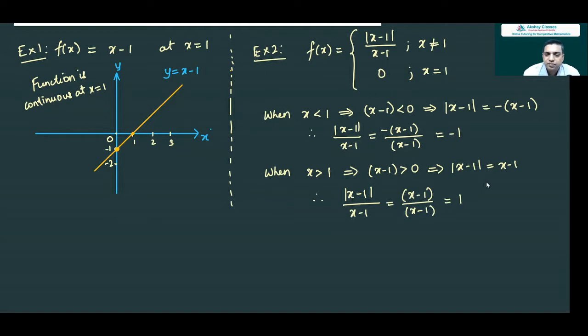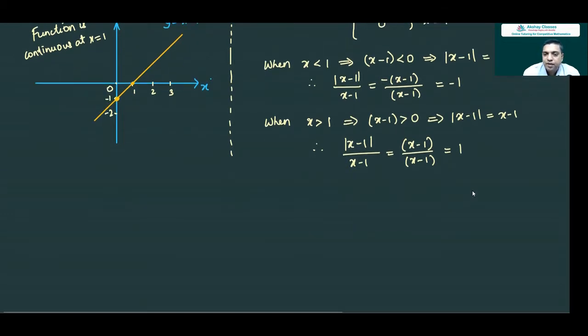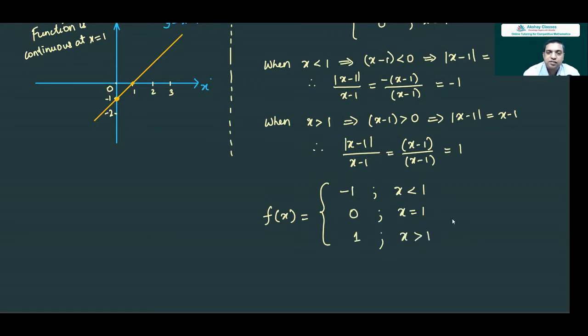All right. So this function is now defined like this. It is equal to minus 1 when x is less than 1. It is equal to 0 when x is equal to 1. And it is equal to plus 1 when x is greater than 1.